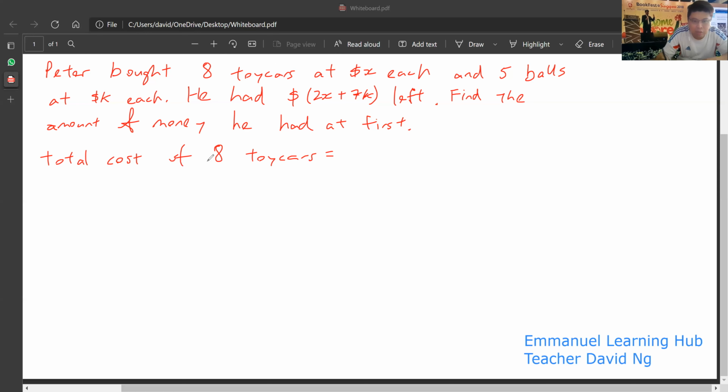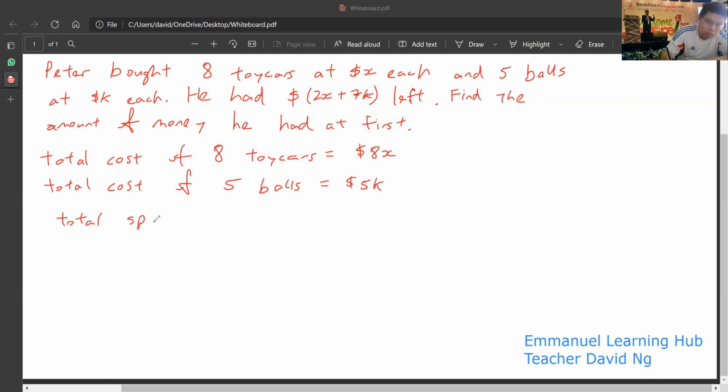Cost of 8 toy cars: 8x. How much for 5 balls? 5k. Total spend? 8x plus 5k. Very good.